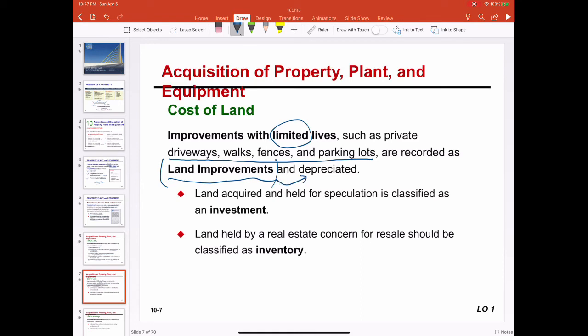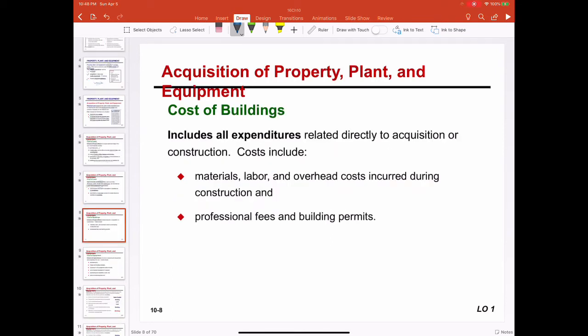If land is acquired for speculation, that will be recognized as an investment rather than in property, plant, and equipment. For some industries, for example real estate, the land will be recognized as inventory because their purpose is to resell the land.